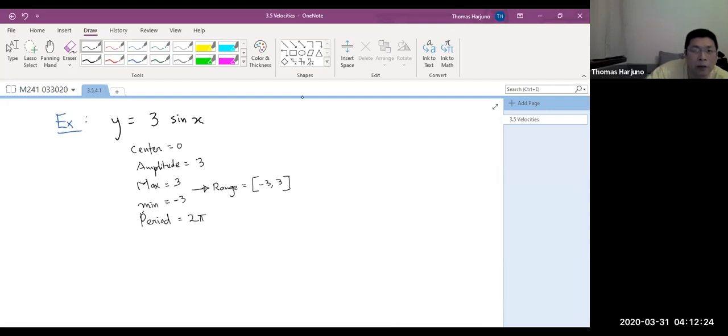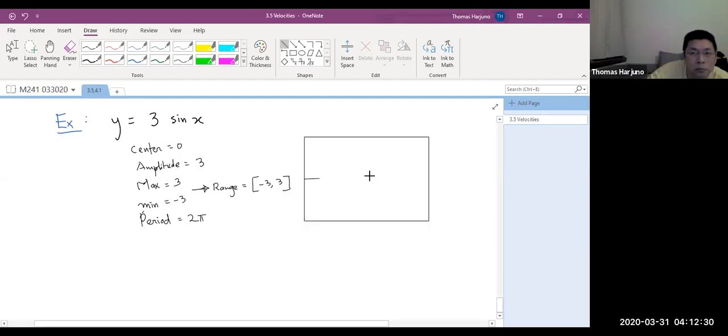Now then, if I graph that on that 2 by 4 column, it will start from, it's still the regular sine graph, right?